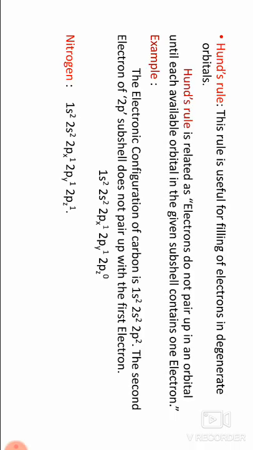Then next, stability of atoms and ions. Atoms and ions with completely filled subshells or half-filled subshells are stable. Neon, argon, krypton, xenon and radon have completely filled outer s and p orbitals, hence they are chemically stable.